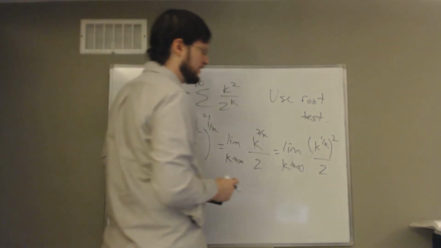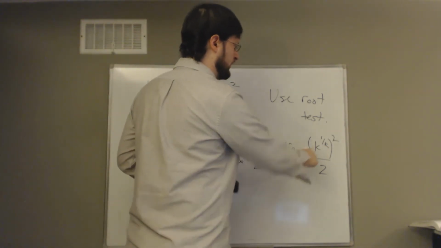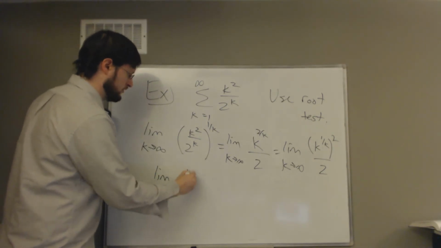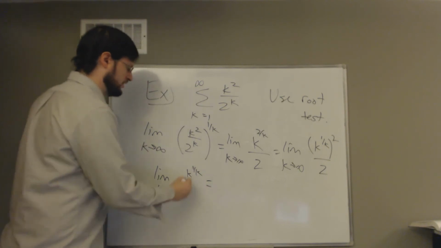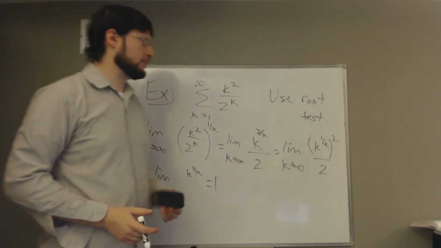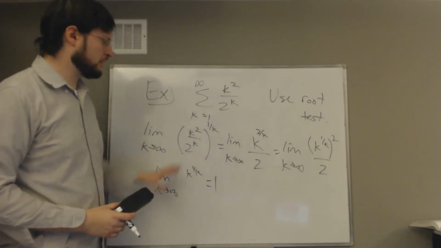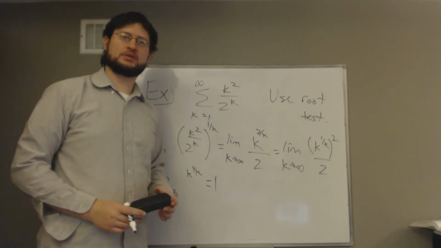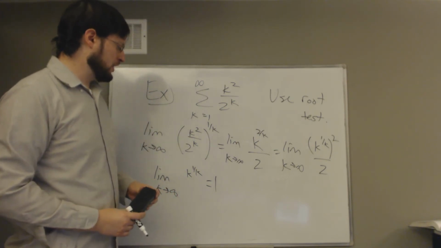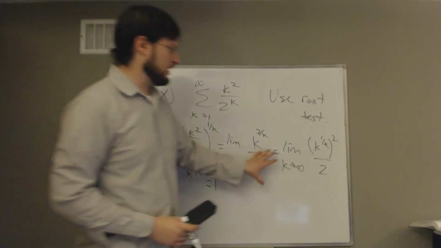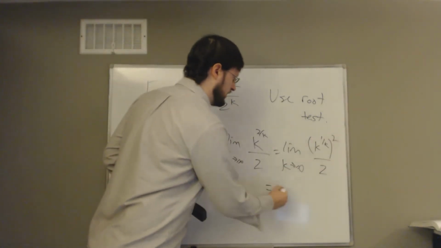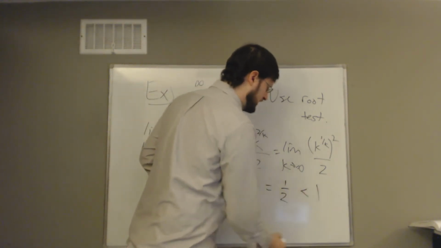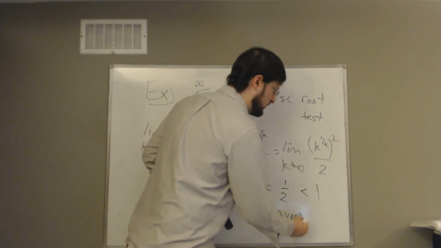The limit as k goes to infinity of k to the 1 over k actually just happens to equal 1. This is something that we're not going to prove today. You may have seen it back in a Calc 1 class when you were talking about limits, but it is true. This limit is 1, which means that the limit of this whole thing is going to end up being 1 squared over 2, which is 1/2, which again is less than 1, so it converges.